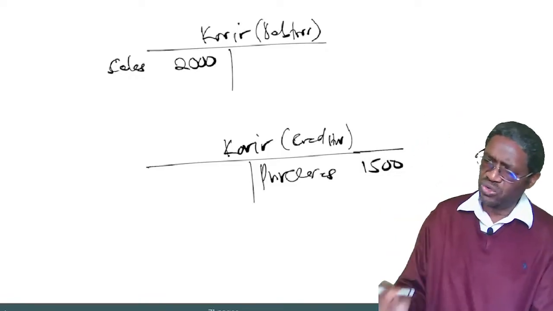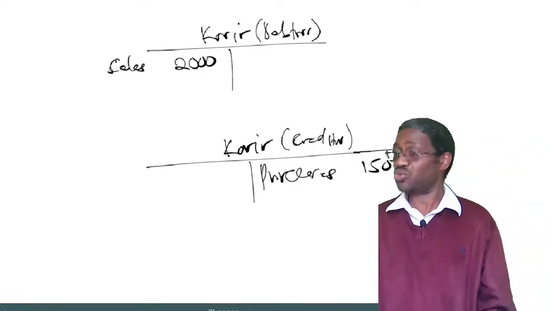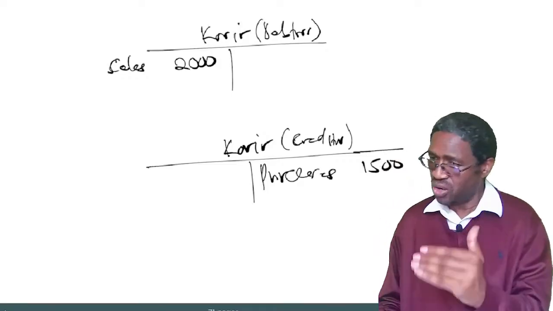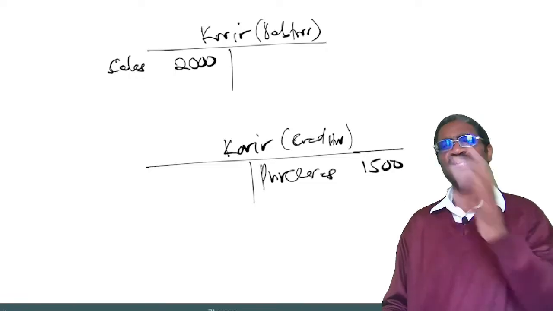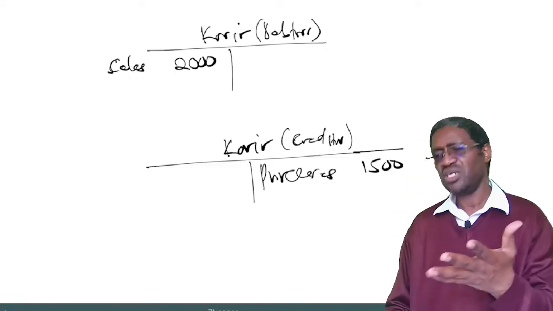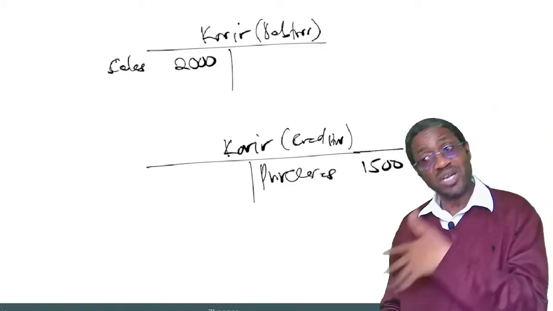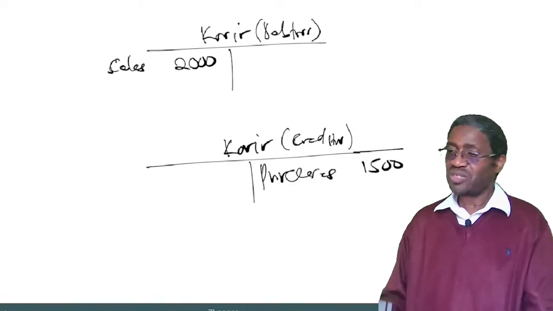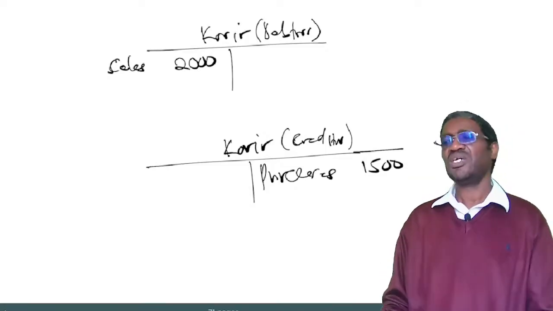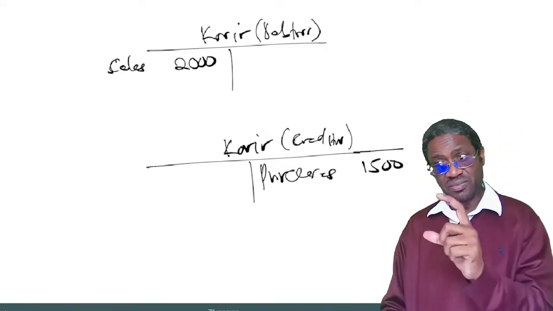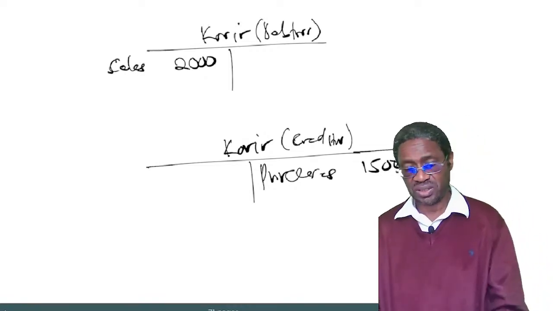What you normally do is close the account with a smaller balance to the account with a bigger balance, so that we get the net amount, which is 500, to be either Coril owes me 500 or I owe Coril 500, whichever it is. But whenever one person is a debtor and at the same time a creditor, we offset the two balances. How?